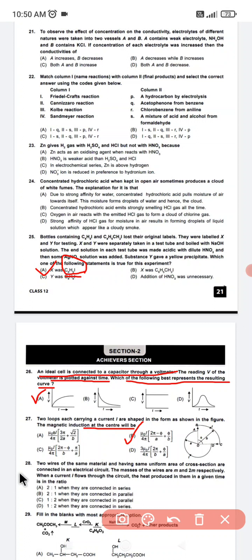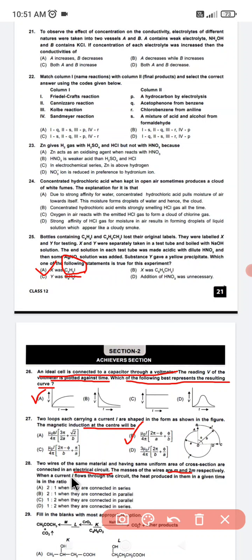Now we have question 28. In this case we have two wires of the same material having the same uniform area of cross section connected in an electrical circuit. The masses of the wires are m and 2m respectively.